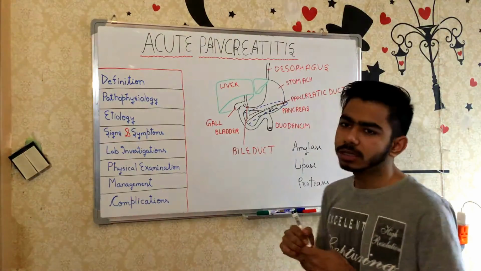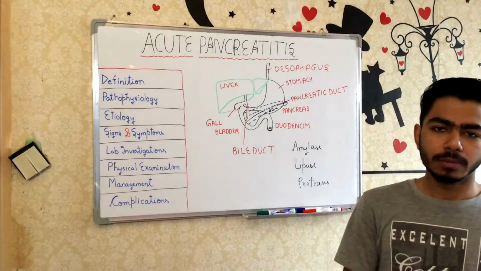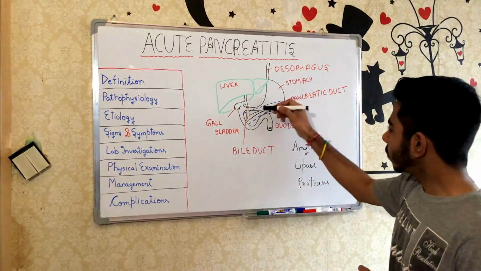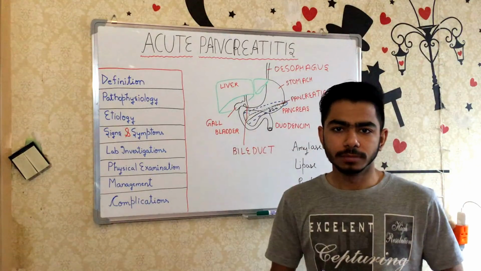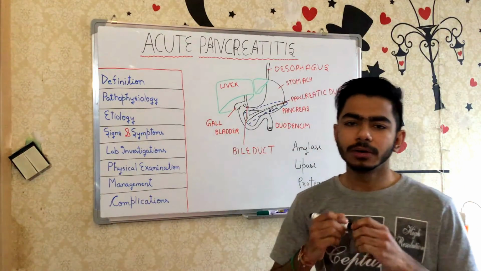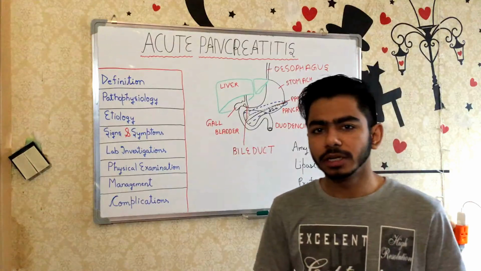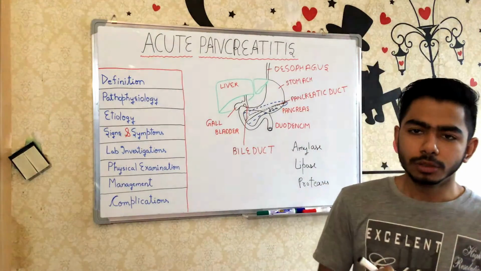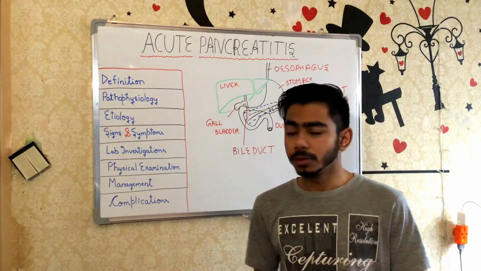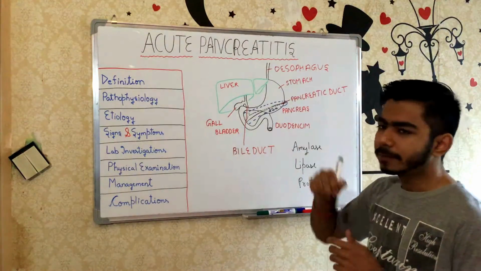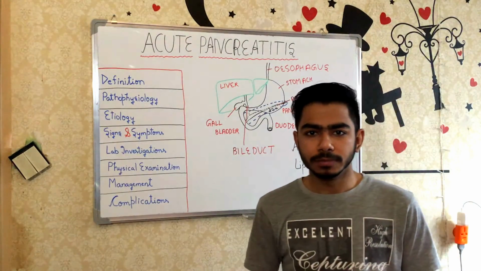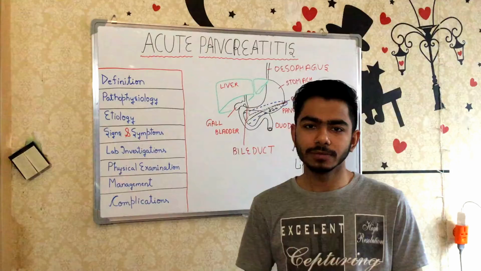Also, the pancreas secretes bicarbonate into the duodenum. Why? Because our small intestine needs an alkaline medium to digest our food. The stomach is dumping acidic contents into the duodenum, the first part of the small intestine.